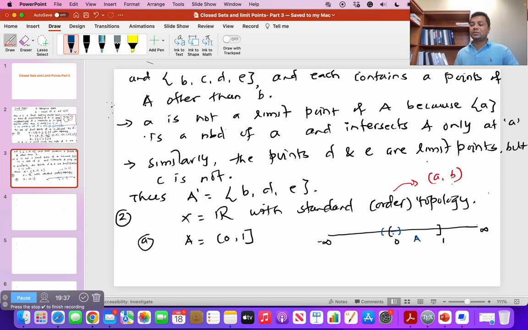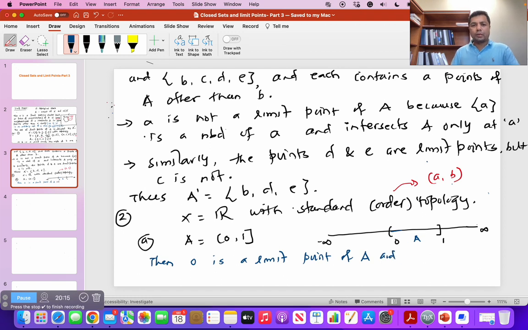So we found that 0 is a limit point of A, because every neighborhood of 0 goes on both sides, left and right of 0, and that right side portion will intersect A at a point other than 0.